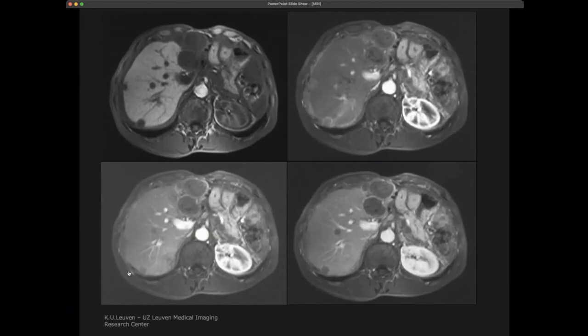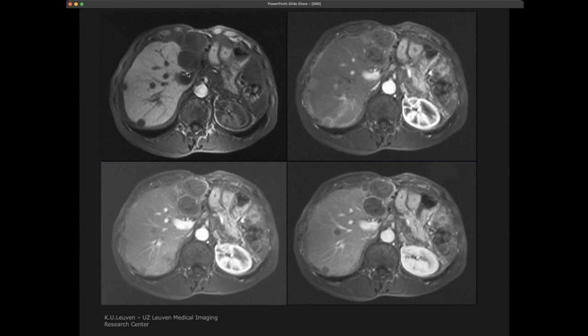Now we can also look at the dynamics of contrast, obviously. Because depending on when we inject the contrast, and when we do the measurement after injecting the contrast will be, of course, in different places in the body. So if we look at here the contrast, we see the contrast here, for example, in the aorta, and the contrast in a highly vascularized liver.